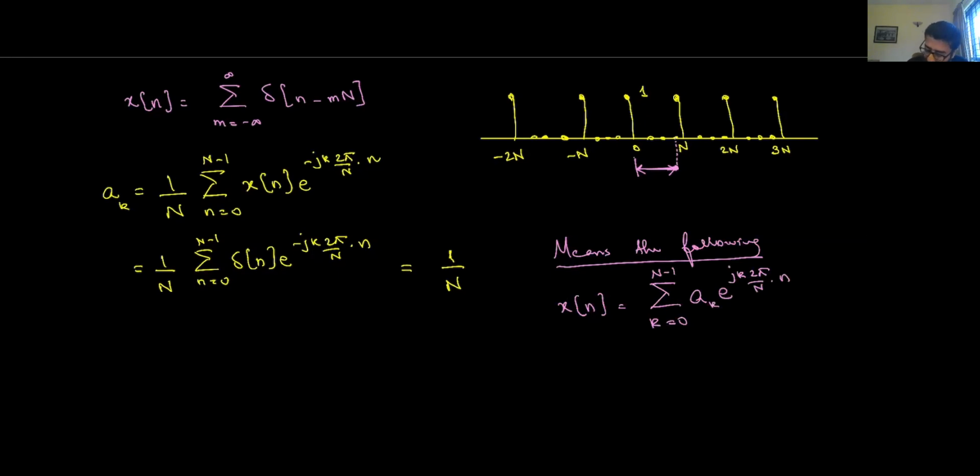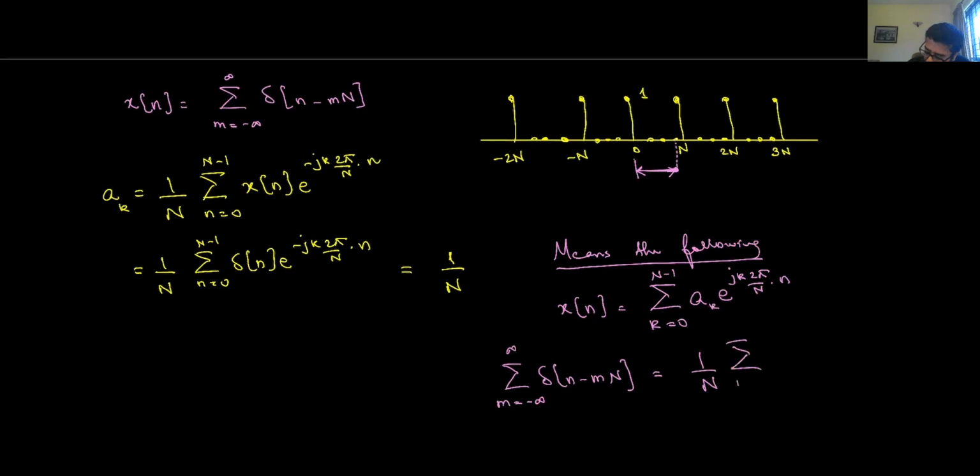For this particular example, the left hand side is this thing here. The right hand side, from my evaluation, a sub k is 1 by N, so it is just the summation over k equals 0 to N minus 1 of e raised to power j k 2 pi by capital N times n.